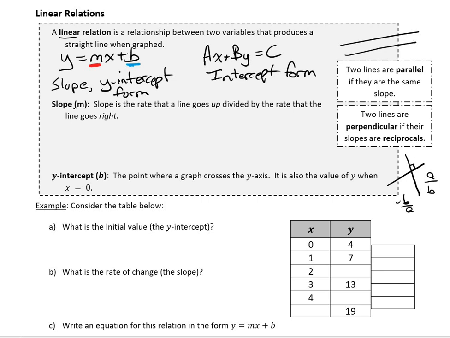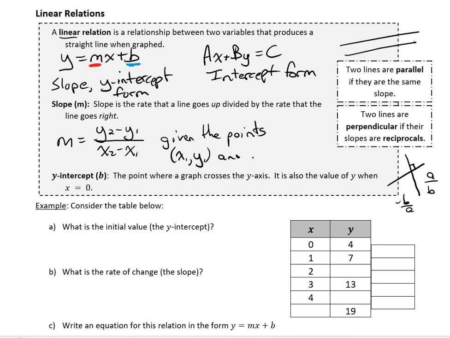So slope, represented by the letter m, can be calculated using the formula m is equal to y2 minus y1 over x2 minus x1, given the points x1, y1, and x2, y2, and that these points are on the line.